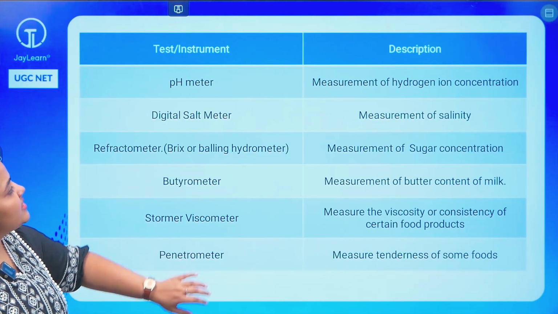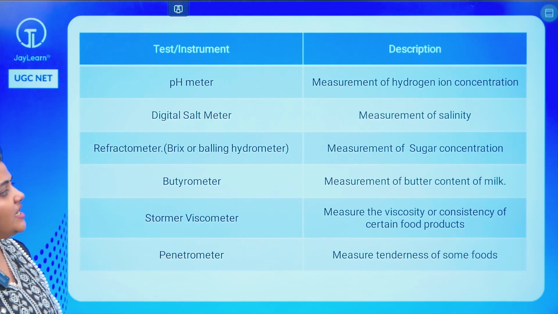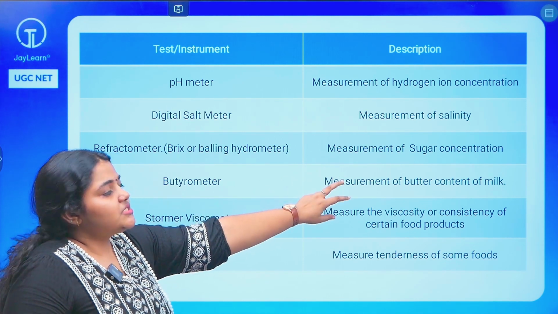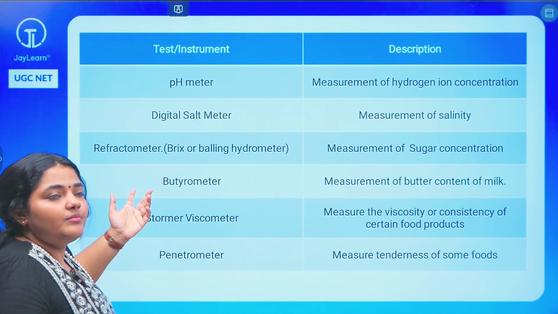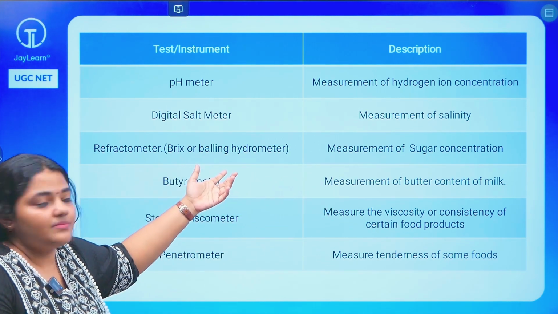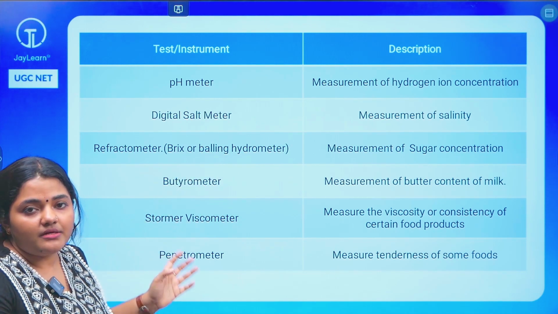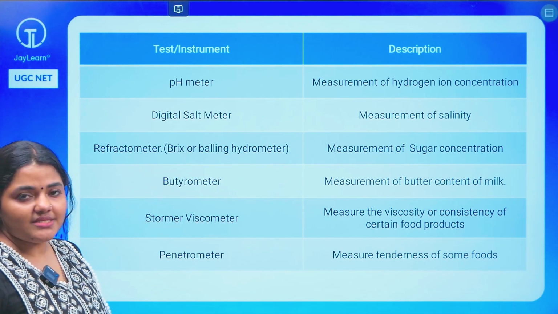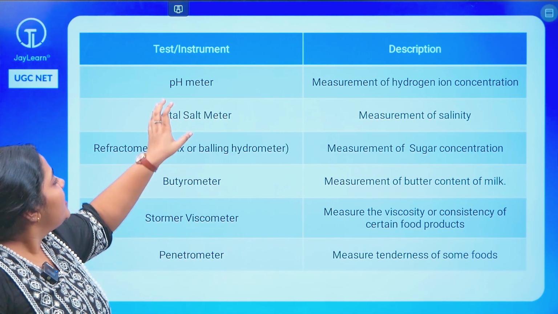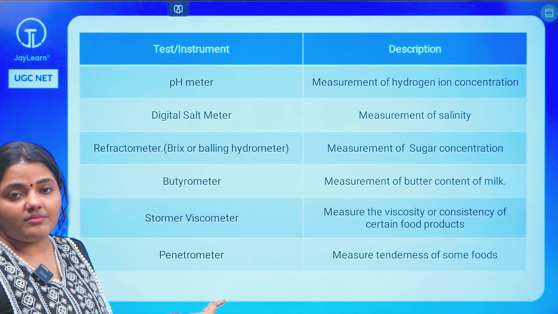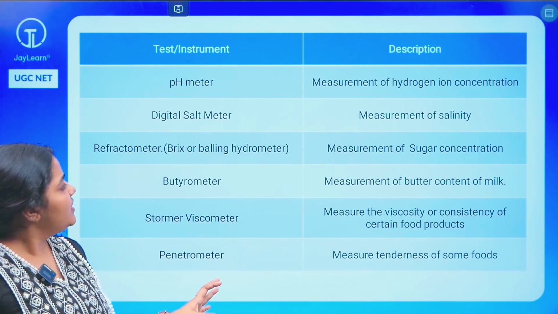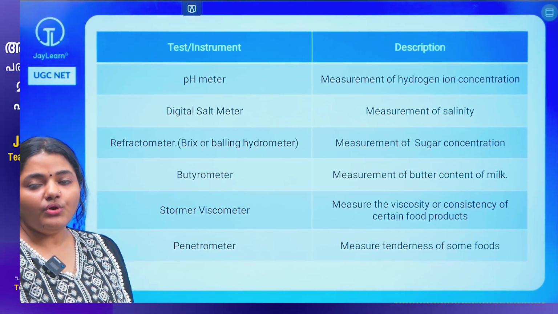Okay, these are some of the instruments which are used. Questions can come like the instrument used to measure sugar concentration, which is refractometer or brix, or boiling hydrometer. So you need to study some of the instruments and what they are used for. I have only given 5, 6 here, but there are a lot more.